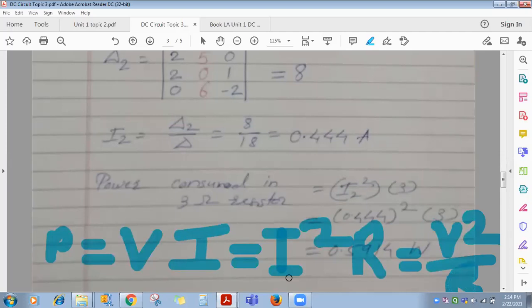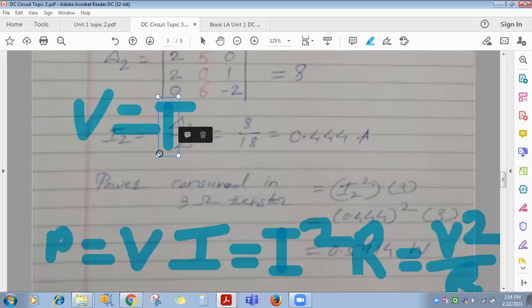P is equal to VI is equal to I square R is equal to V square by R. Ohm's law you have to use here, V is equal to IR.